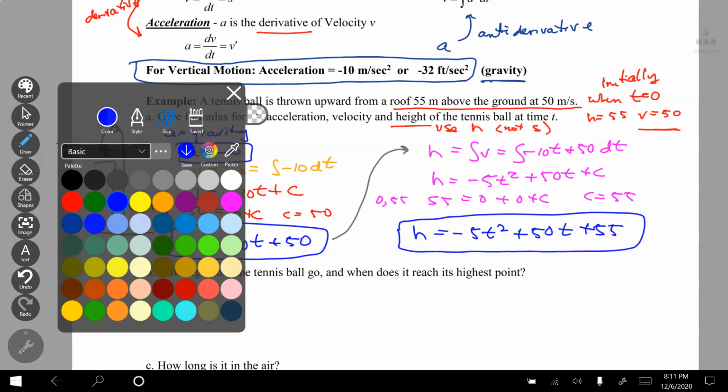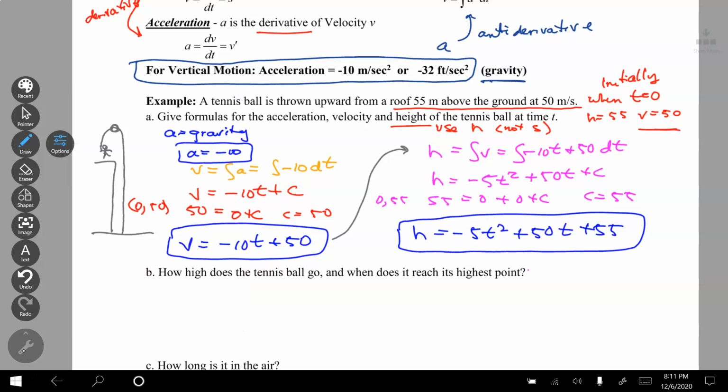So I want to know, when does it reach its highest point? Well, when something reaches its highest point, the velocity is equal to 0. If you think about this, the velocity going up is positive, the velocity going down is negative, and right here at the max, the velocity is equal to 0.